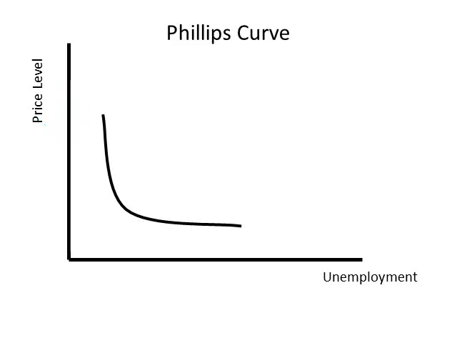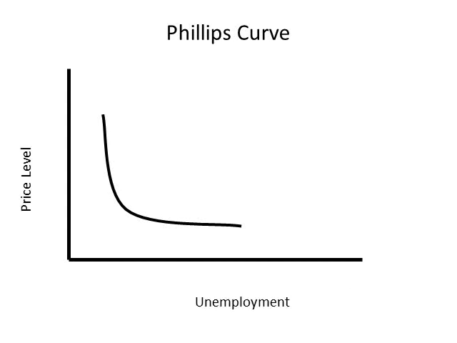The Phillips curve itself is J-shaped. What Phillips thought he observed was that when unemployment was relatively high, for example U1, the price level would be relatively low, for example P1.